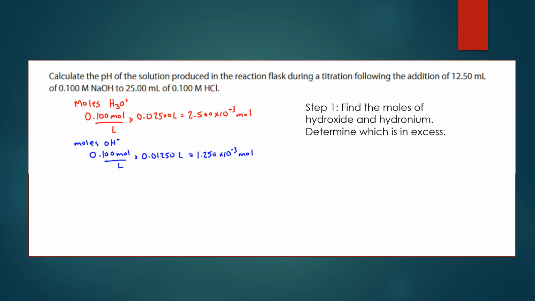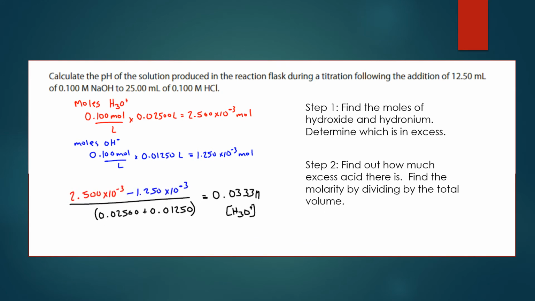Our first step is to find the moles of hydronium and the moles of hydroxide and figure out which one is in excess. I'm just using my stoichiometry calculations here, multiplying the molarity by the volume, and you can see from this calculation that I have excess hydronium.